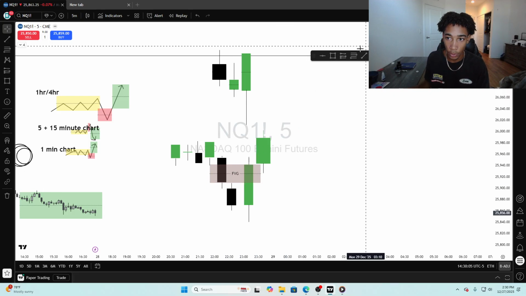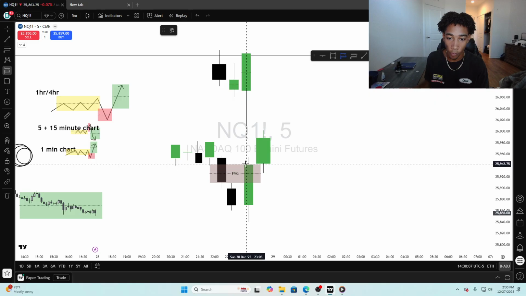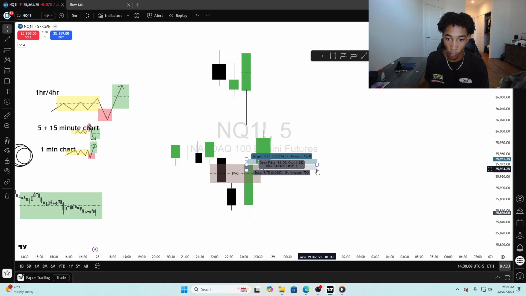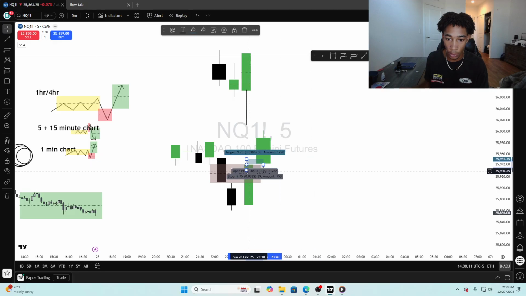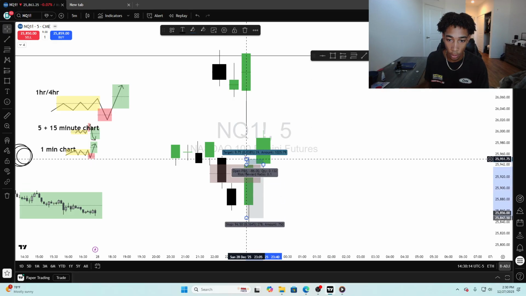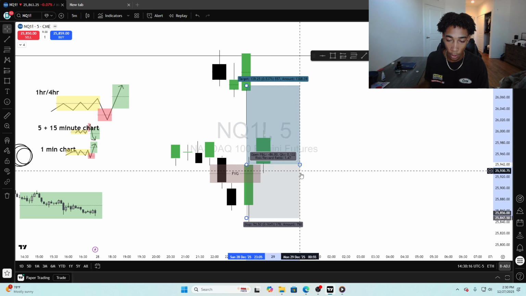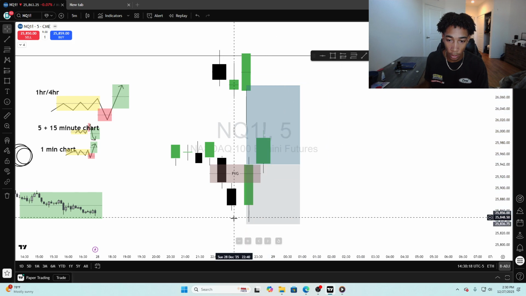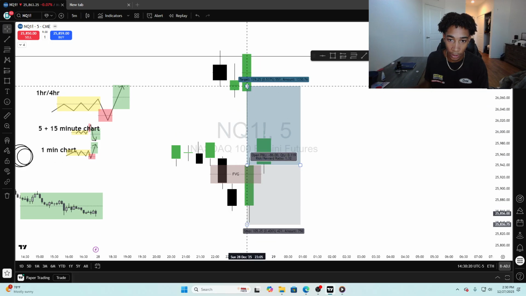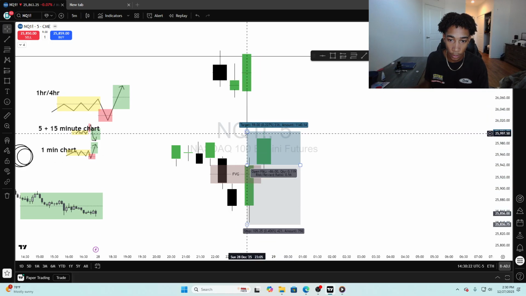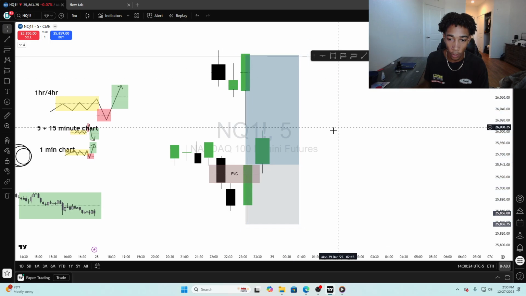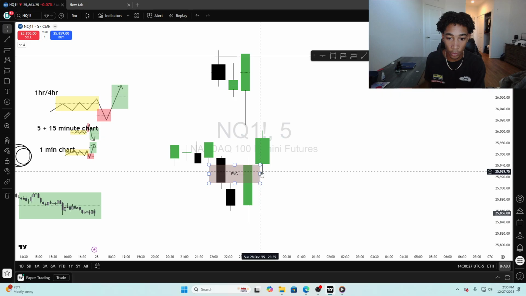The inverse right here, that's your entry. Sorry, I don't know why it looks like that. That's your entry, anticipating that this wick low is the manipulation low. This wick low is the low of this wick on the 5 minute. All right, so that's how it's going to look.